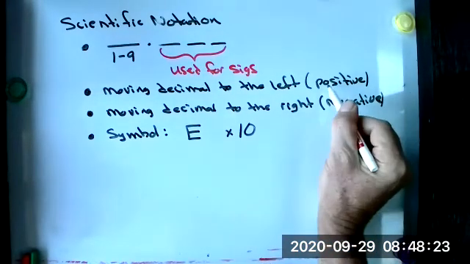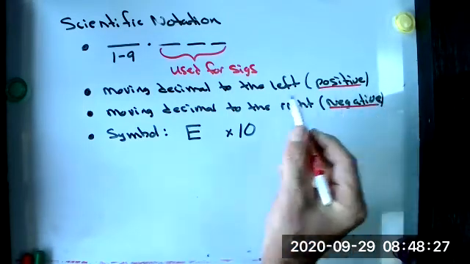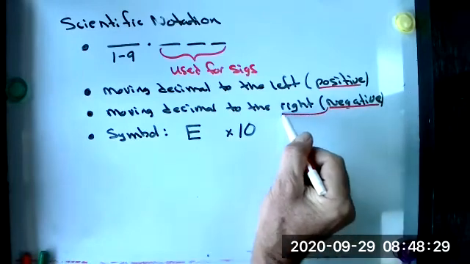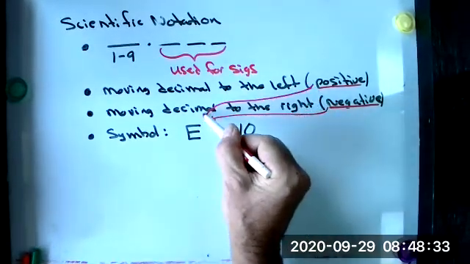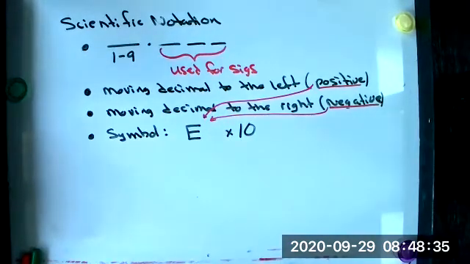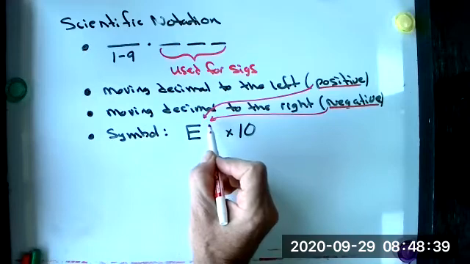Okay, hey, that positive or that negative goes right here. That's where the positive and negative show up. There's going to be some number here which tells you how many spots the decimal was moved.